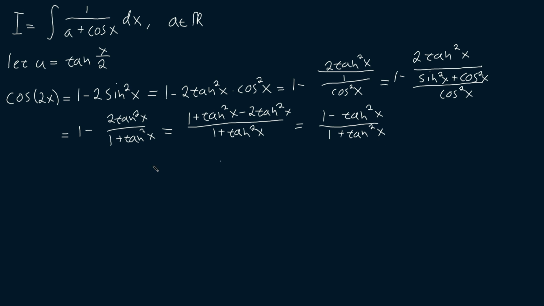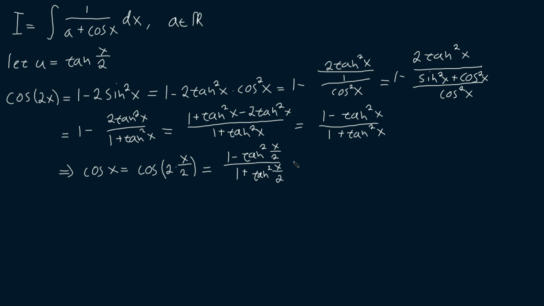This then implies that cosine of x, which we can write as cosine of 2 times x over 2, is equal to 1 minus tangent squared of x over 2 divided by 1 plus tangent squared of x over 2.